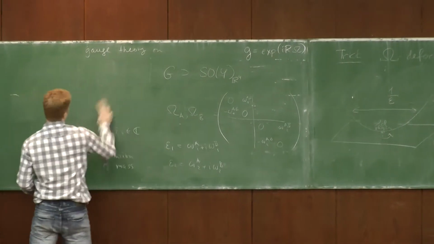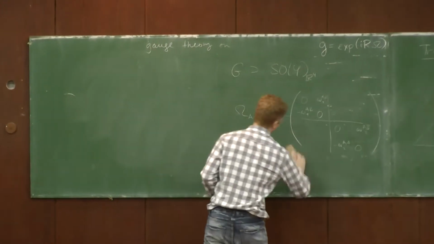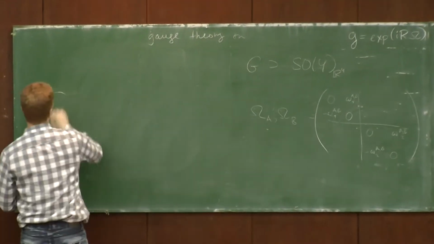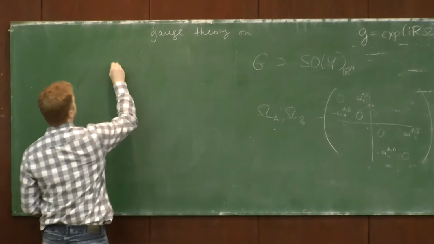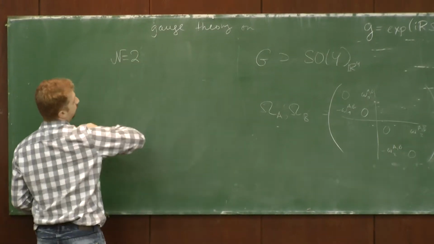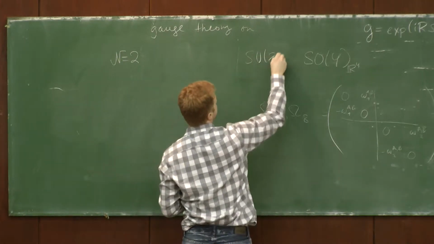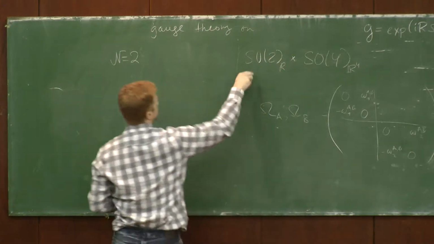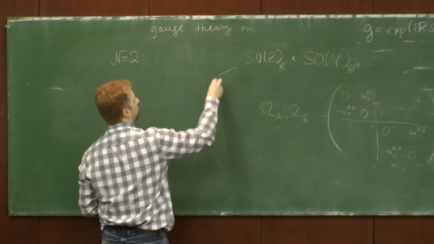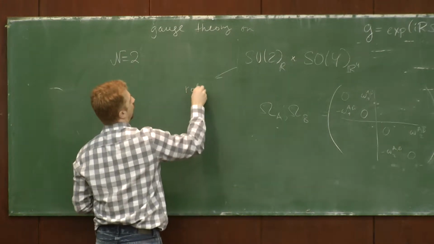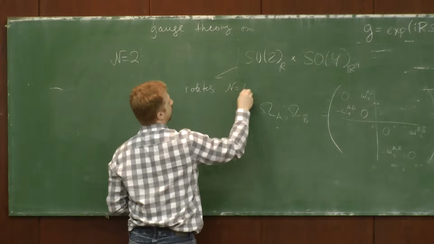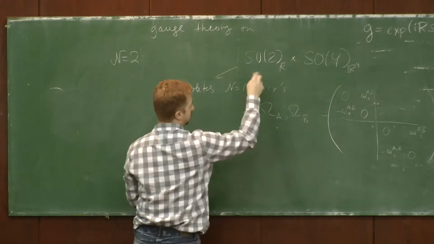Anyway, now indeed, as Kobe mentioned, we should say something about the supersymmetry. If we are in the n equals 2 situation, then the global symmetry group involves also the so-called R-symmetry group. This is the SU2 which rotates the n equals 1 SUSYs into each other.